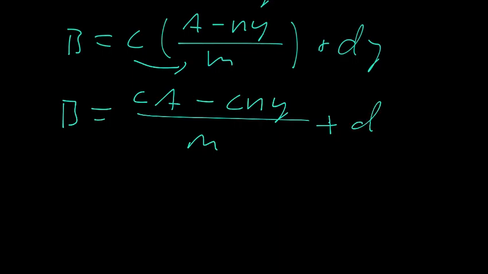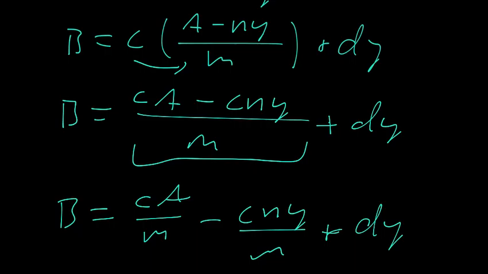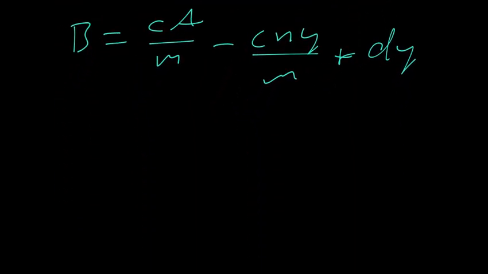And I'm going to split up this fraction here now. So then we'll have b equals ca over m minus cny over m plus dy. Now we're going to factor a y out here.